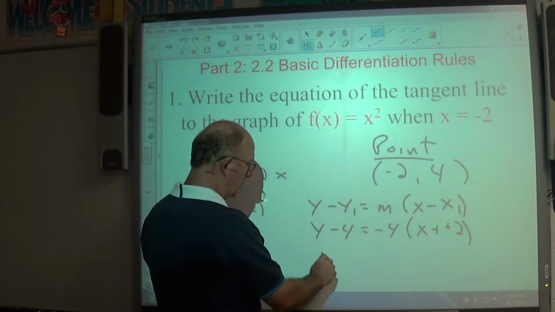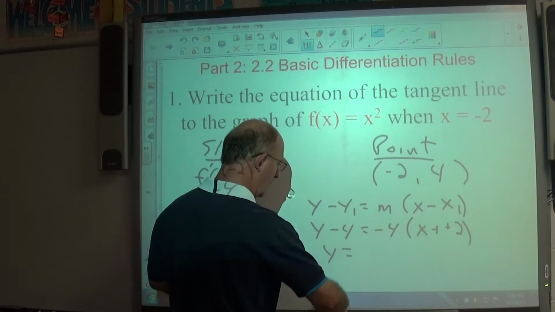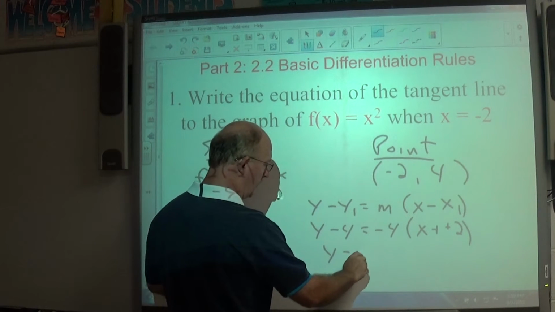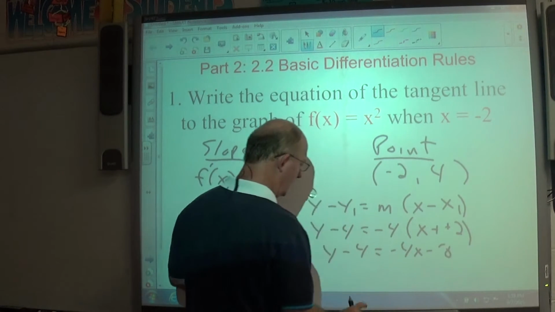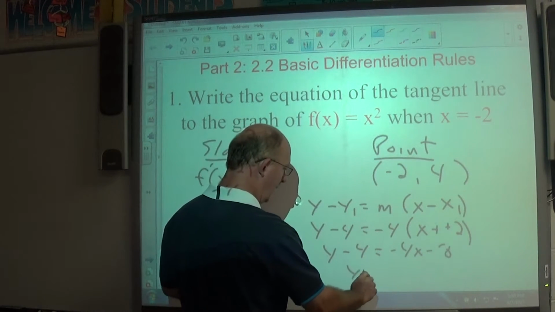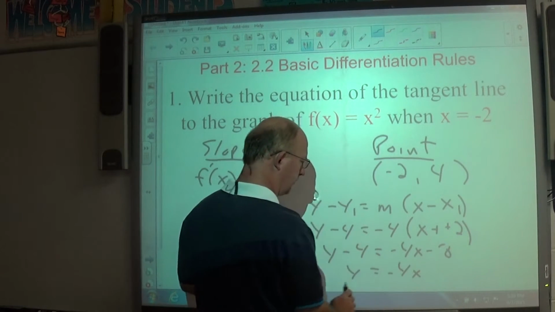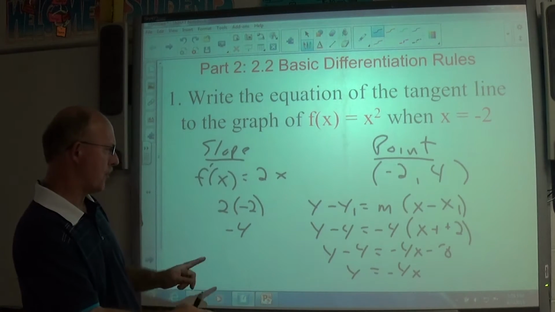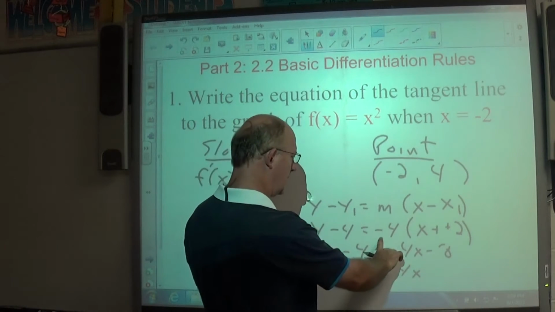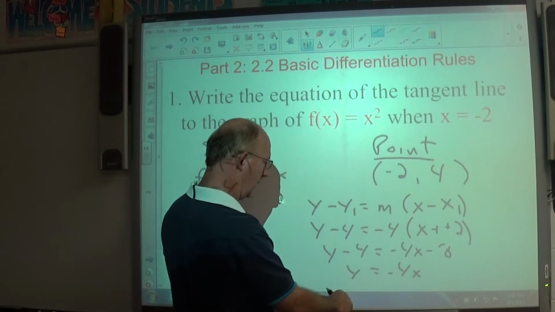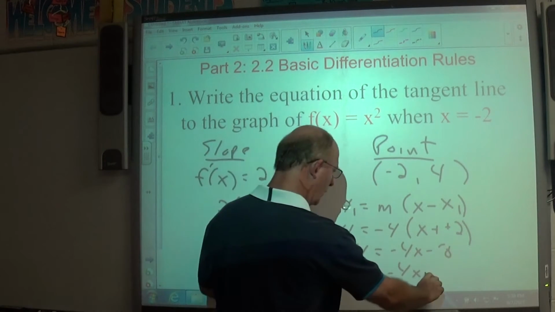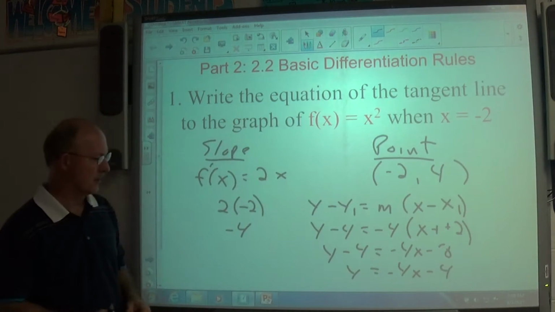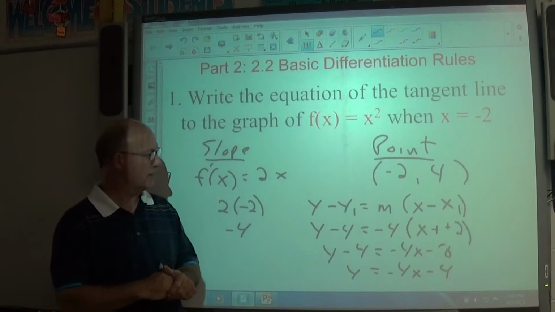So y minus 4 equals -4x minus 8. Adding 4 to both sides gives us y equals -4x minus 4, and that'll be the equation of our line in slope-intercept form.